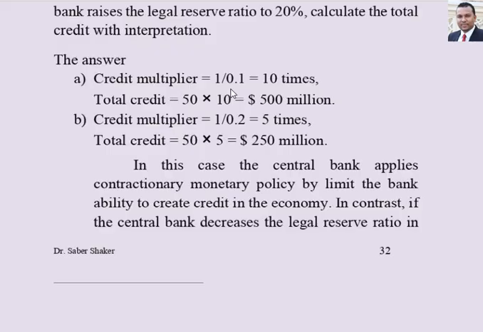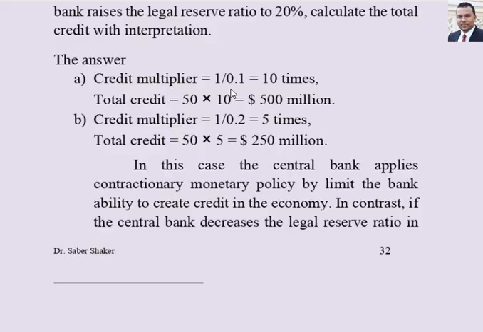Number 1, we need to calculate the credit multiplier. Credit multiplier equals 1 over the required reserve or legal reserve. So 1 over 10% equals 10 times. So the total credit equals 50 million, the original deposit, times 10, which equals 500 million. Suppose the central bank increases the required reserve from 10% to 20%. What about the credit multiplier? The credit multiplier equals 5 times.